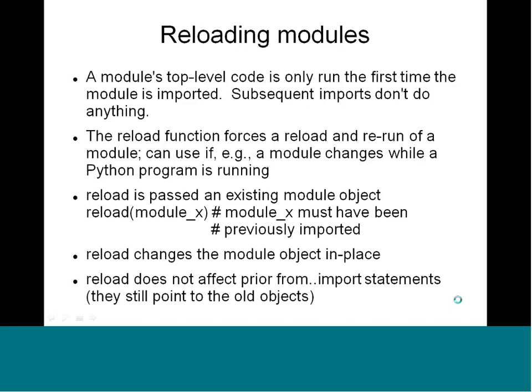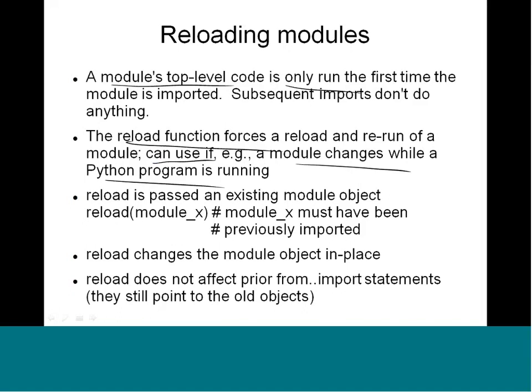Now how do we reload modules? The module's top level code is only run the first time the module gets imported. Subsequent imports do nothing. So the reload function forces a reload and rerun of that module. You can use it if a module changes while the Python program is running.